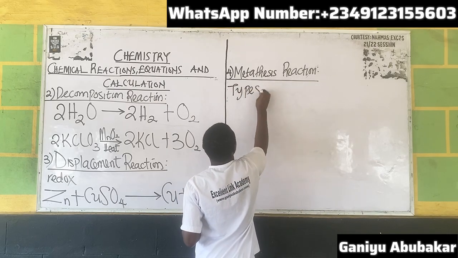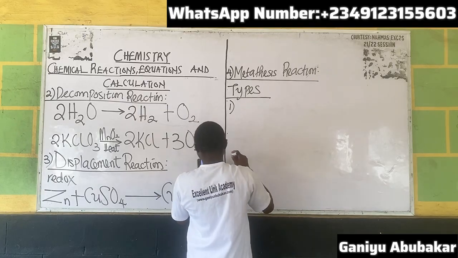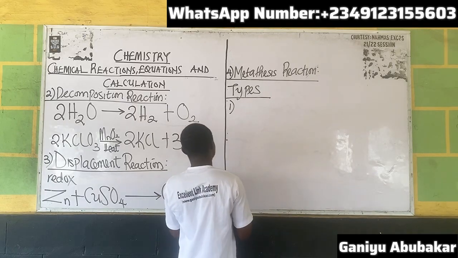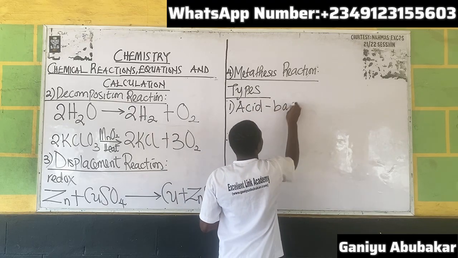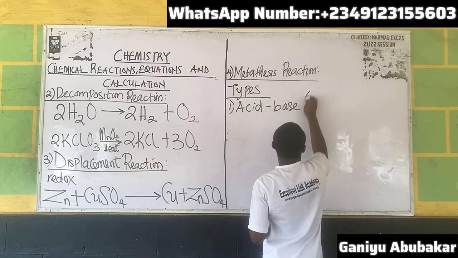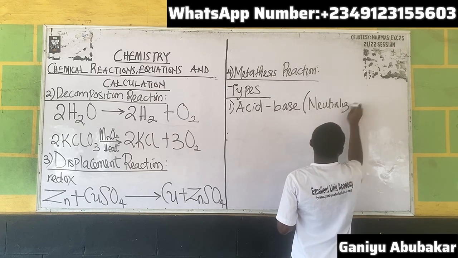Types of metathesis reaction. Number one is called the acid-base (neutralization) reaction.